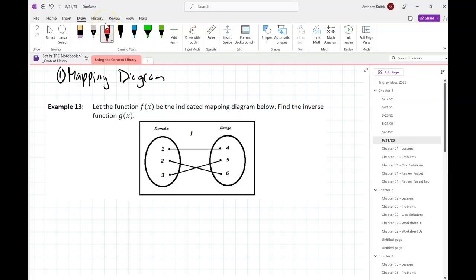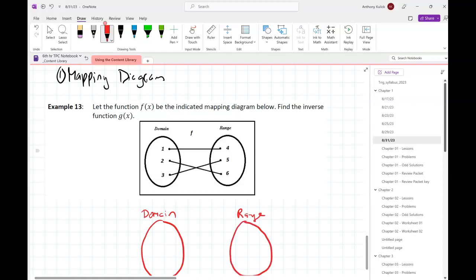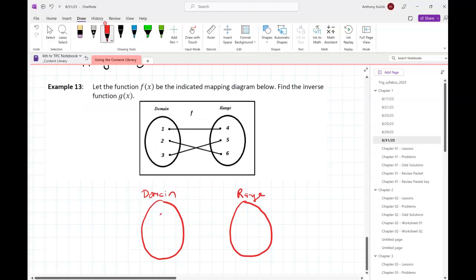So if I want to draw f inverse, I'm going to draw another mapping diagram. So the values in my domain should be the range values for f, and the values in my range should be the domain values for f.